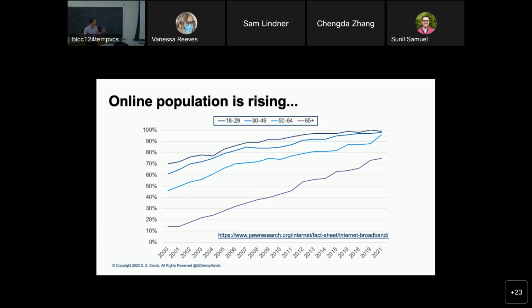But what's, I think, more interesting is the bottom line, which are people 65 and up, where now we have almost 70% of these people online. And so that's a really important thing to keep in mind. The point is this is cutting across all demographic groups. And by the way, if we look at this sliced by race or ethnicity and so on, that's rising too.